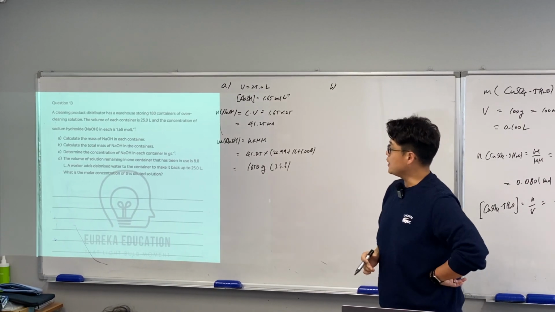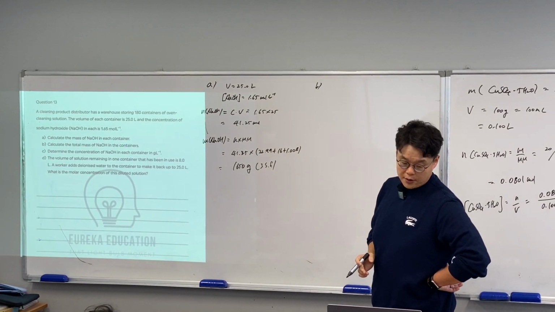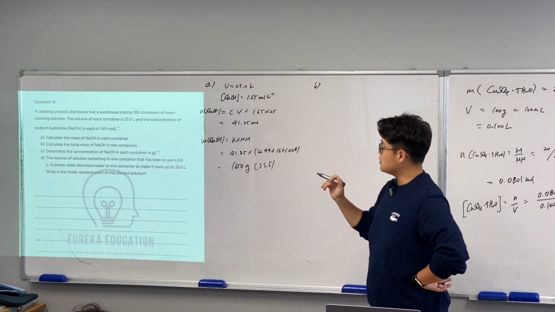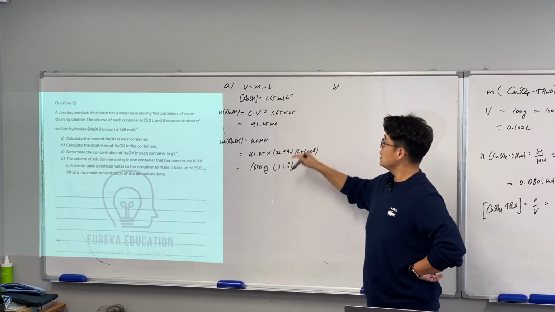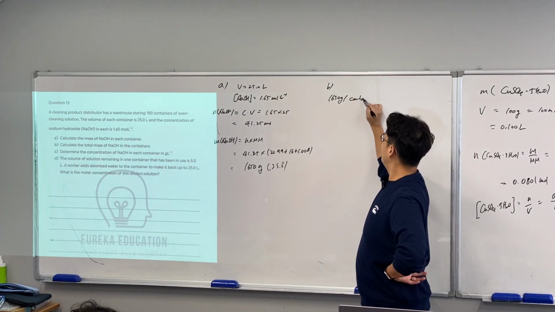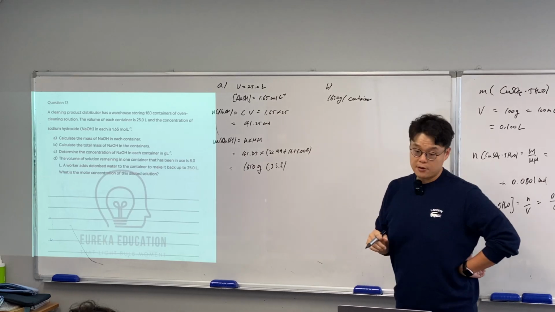B, calculate the total mass of the sodium hydroxide in the 180 containers. So we have 180 containers, and each container contains this much sodium hydroxide.